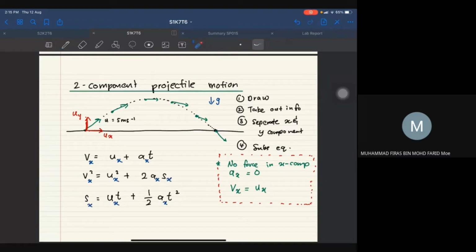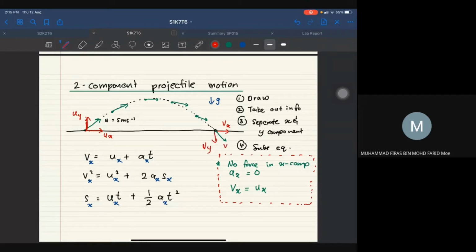Notice that t has no subscript because t is a scalar. It doesn't have any x or y component. For Vx, if this is my final position, my Vx would be in this direction. Ux, if there is, would be downward, but we are not talking about Ux. Sorry, for Vy, forgive me.